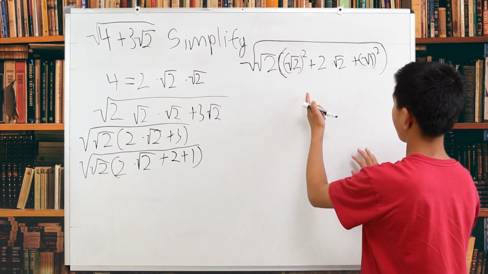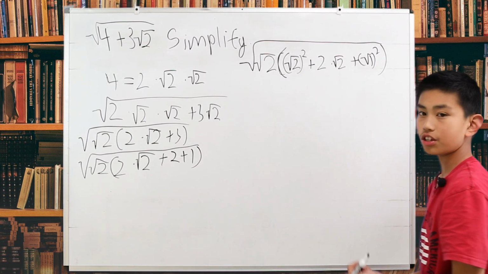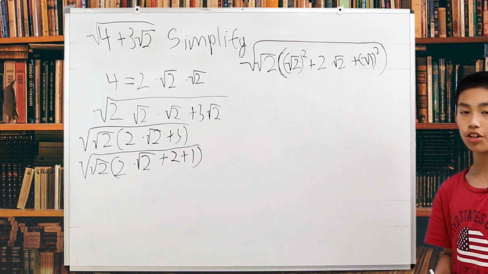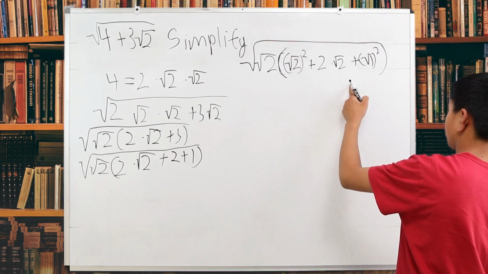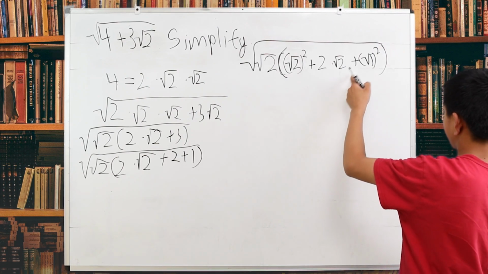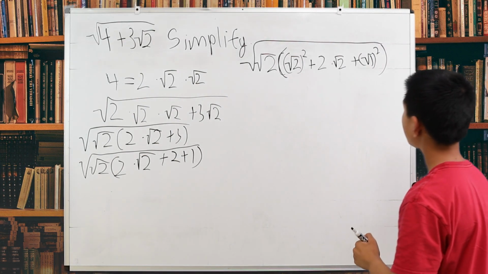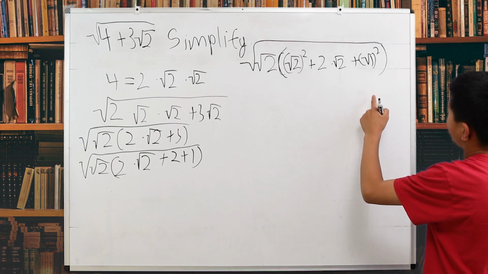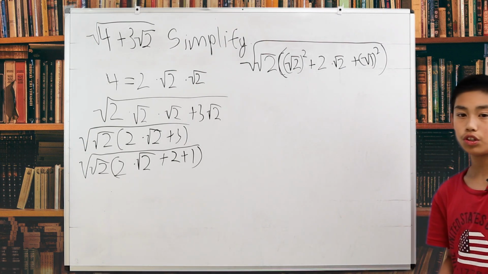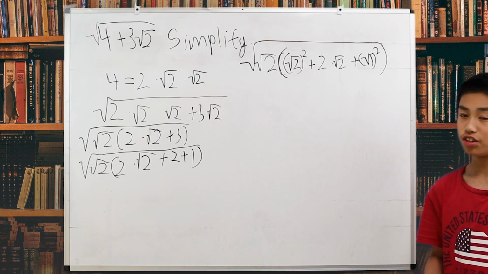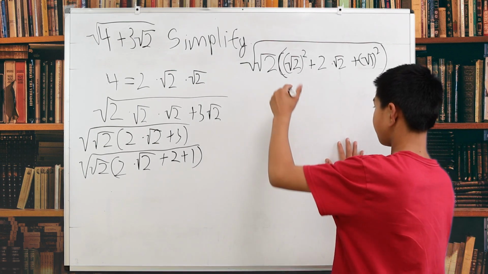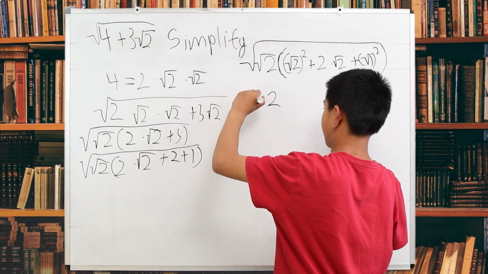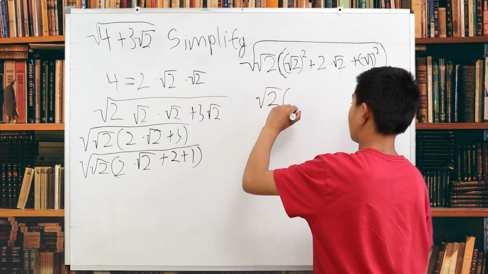Now we notice something. This in the parentheses is just the a plus b squared formula, except right here at the 2ab, we have the a, but we're missing the b. But we can multiply it by the square root of 1, since when you multiply something by 1, it doesn't change the value. So when you multiply that by 1, you can get the full equation.